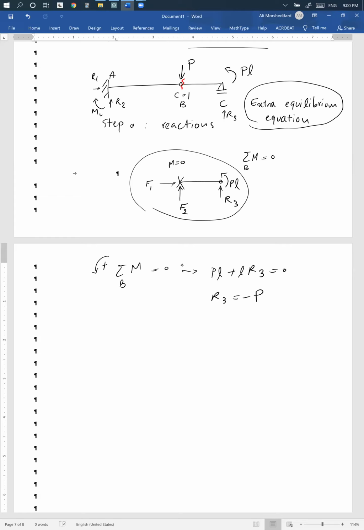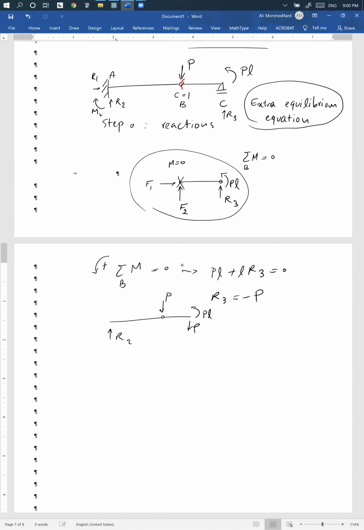Now I look at the total structure. If I plot the total structure, I have R3 equals P. So I have 1P here. I have PL. I have R2. I have R1. Since this is a beam, you don't need to put the horizontal component of reactions, right?